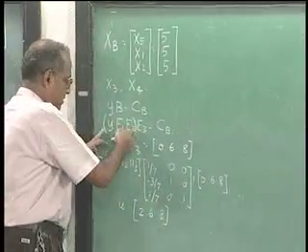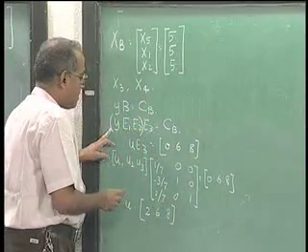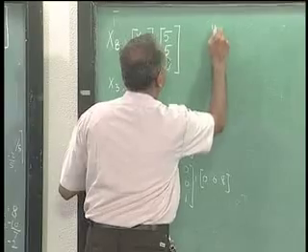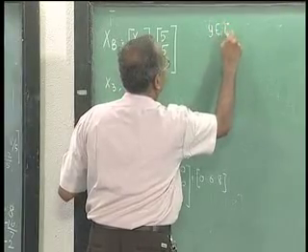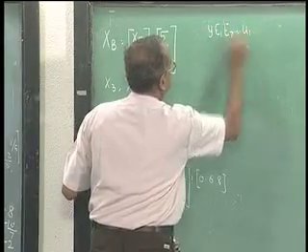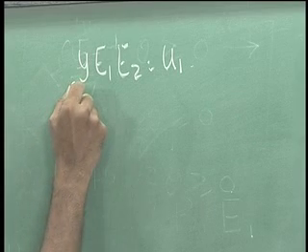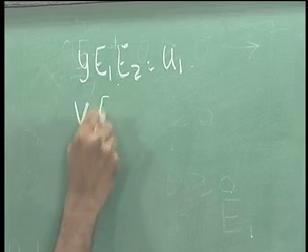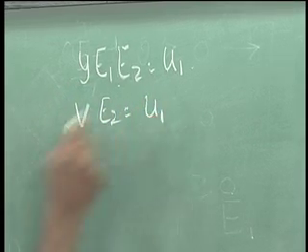So, once we know u1 is equal to 2, we now go back and find out the other one. So, y E1 E2 is equal to u. So, we now call this as v E2 is equal to u.